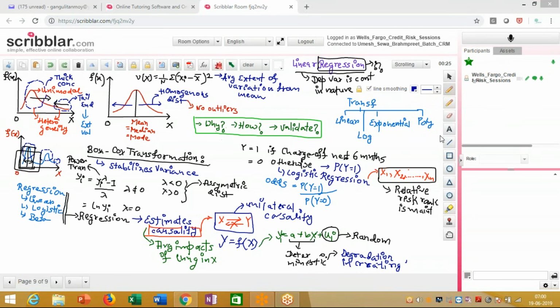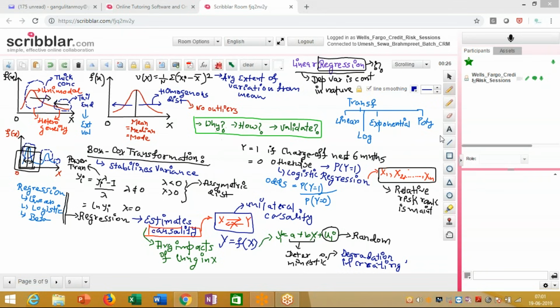Let's say a degradation in the cash flows of the firm, in the free cash flows, or degradation in the key balance sheet components of the borrower, would be the explaining factors in estimating the recovery that the bank can make from that particular obligor firm.